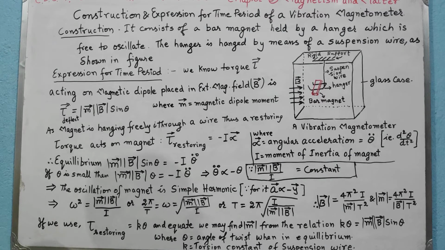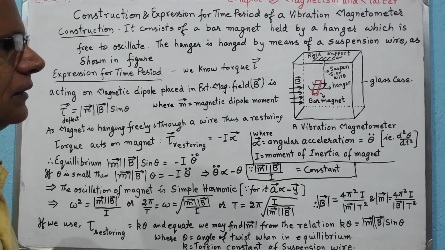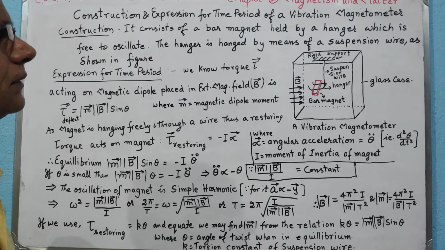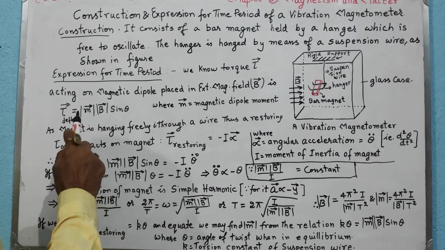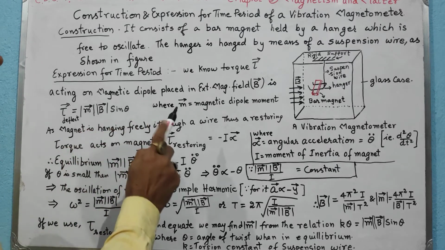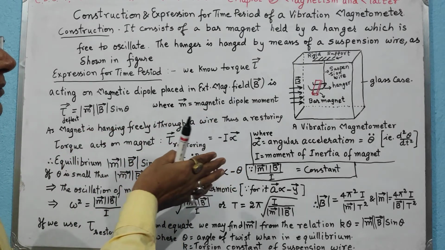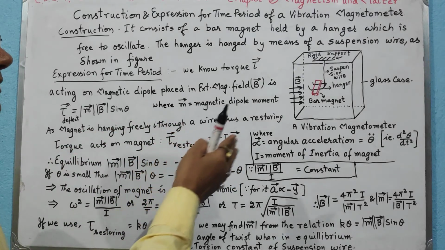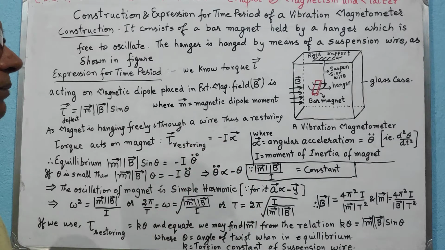We have already seen that the torque acting on a dipole placed in a uniform magnetic field is the deflecting torque. We call it deflecting because it will cause the magnet to get displaced from its original position.